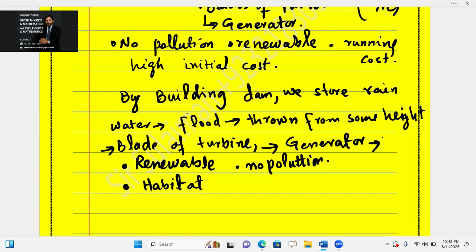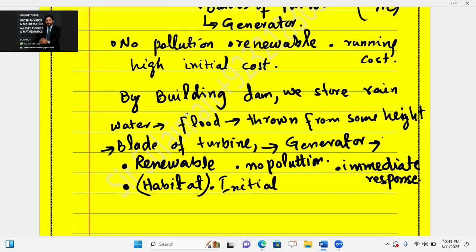We can also say that a big advantage is immediate response to increased demand. Immediate response is available from such resources, and we can use them for any emergency demand. Initial costs are high and habitat is destroyed.